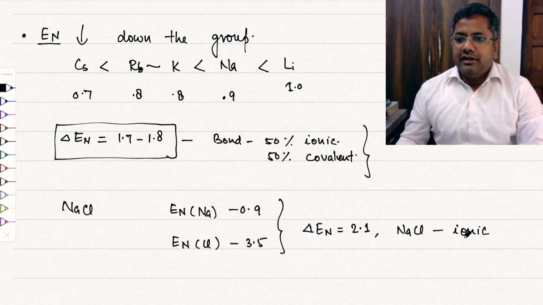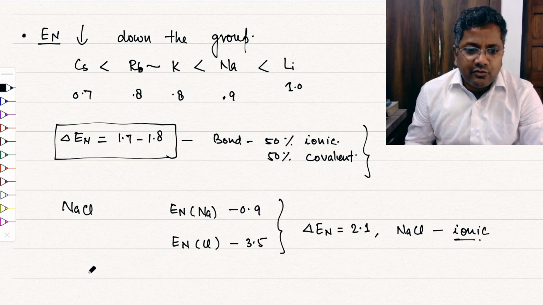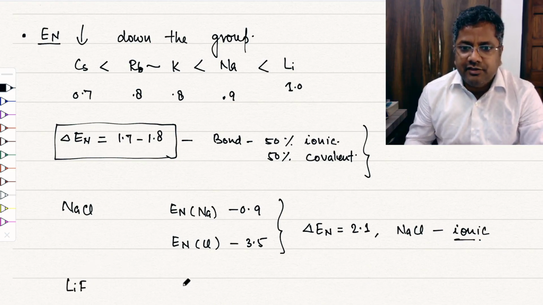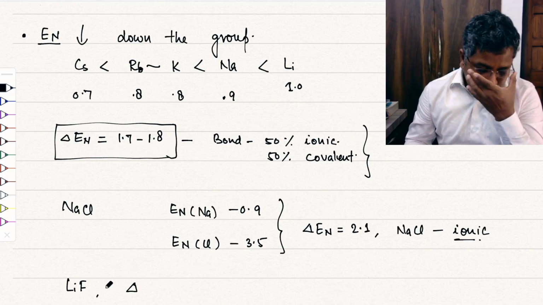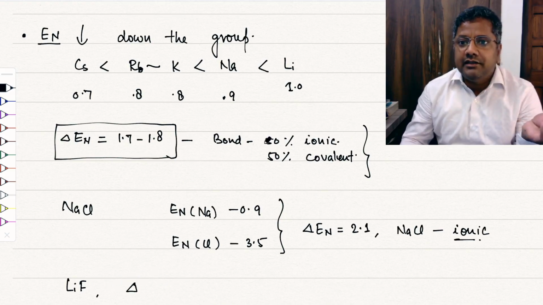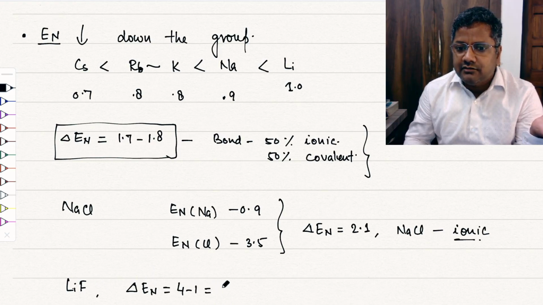This is predominantly ionic. Similarly, in the case of lithium fluoride, if you compare the electronegativity difference, you will find that fluorine has electronegativity 4 and lithium has 1. So the electronegativity difference between lithium and fluorine is 4 minus 1, which is equal to 3.